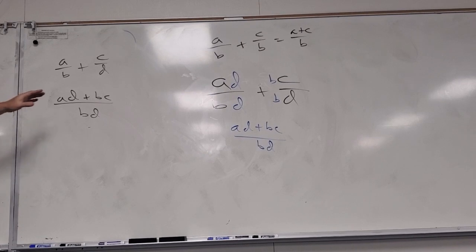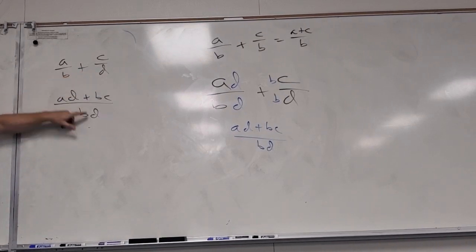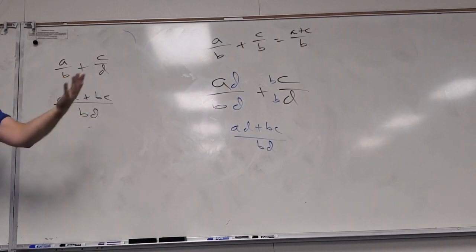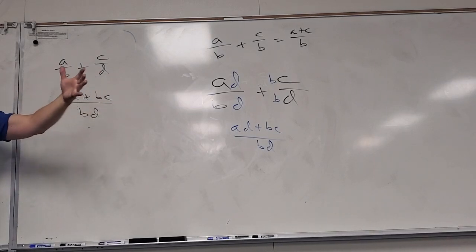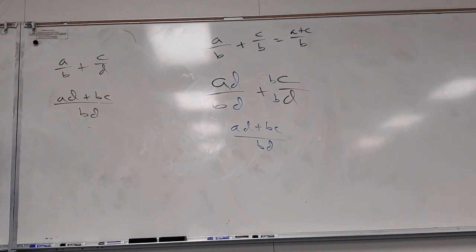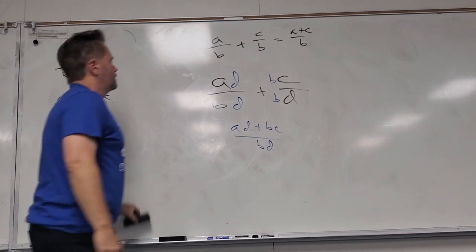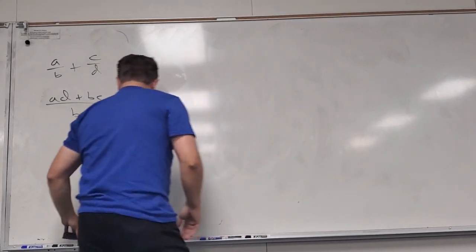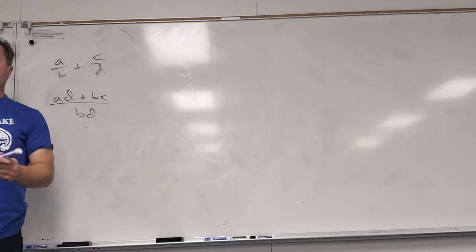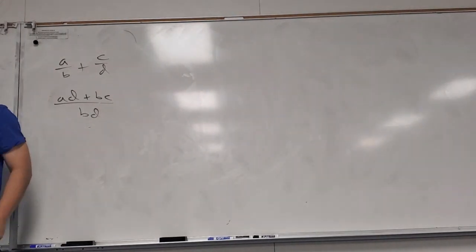In fact, when I add these together, the bottoms don't really matter. They come along for the ride, right? It's the tops that I add together. I really want that to make sense. You inherit all of the properties of whole numbers because fractions are composed of whole numbers. So what does that mean? That means if I add two fractions together, what kind of answer do I have to get?